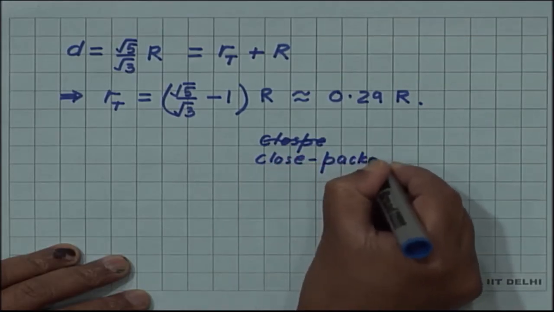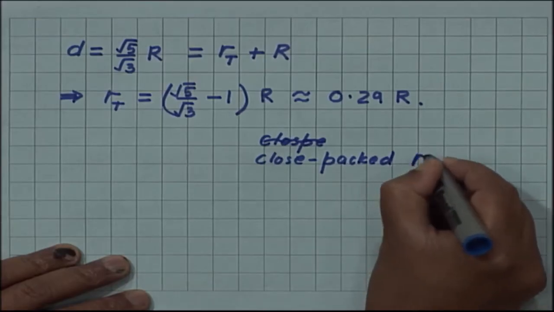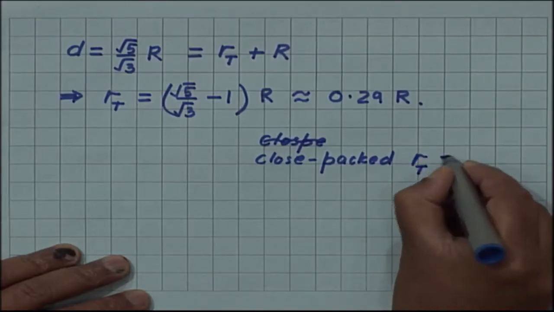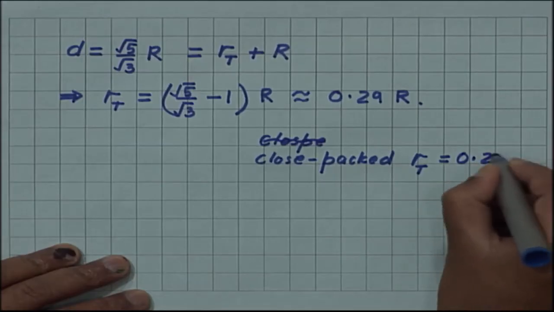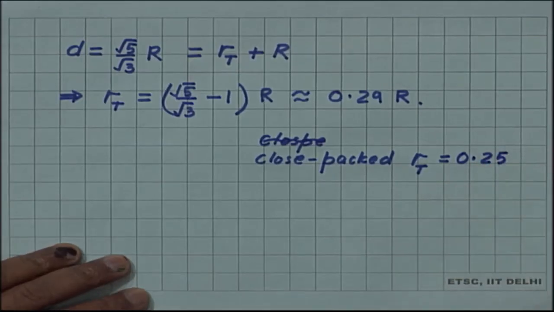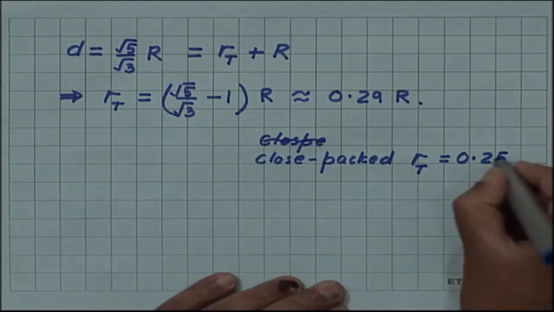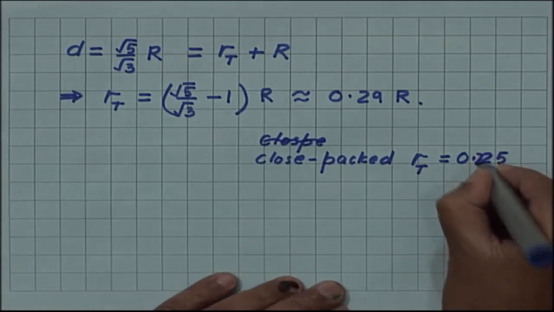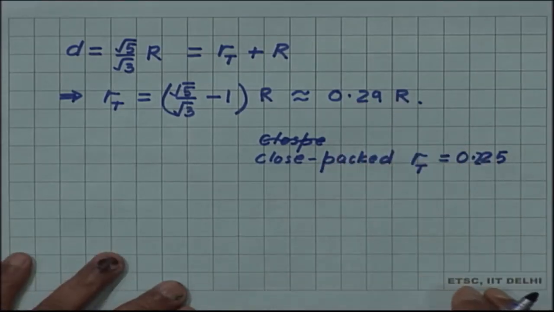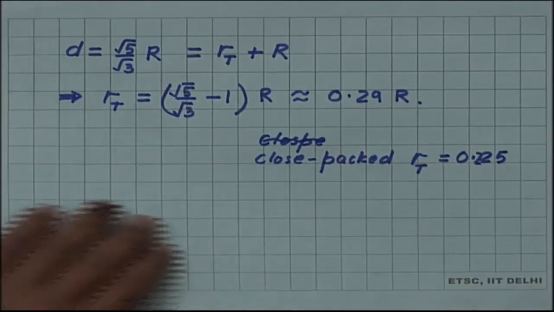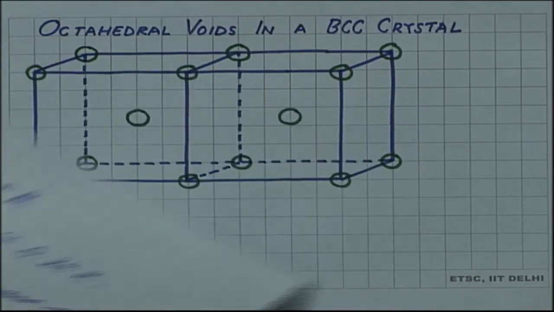For close packed, the value of R t was 0.225, so around 22%. So, it is slightly larger, 29% of the larger radius.